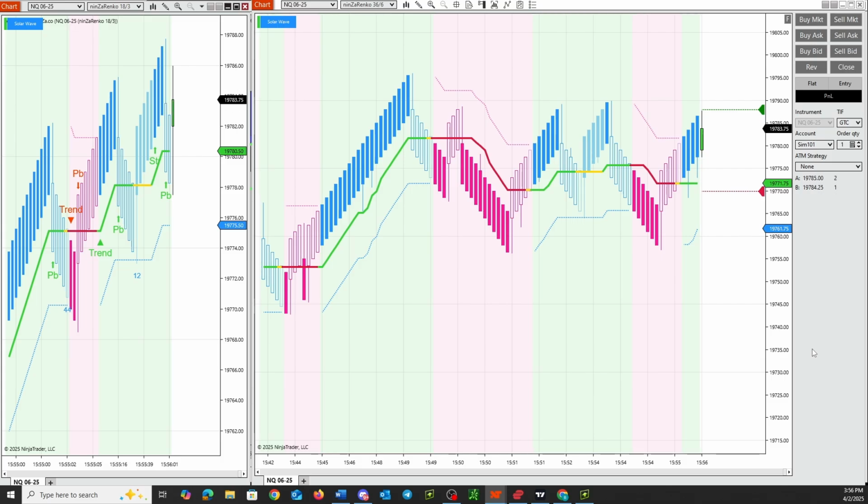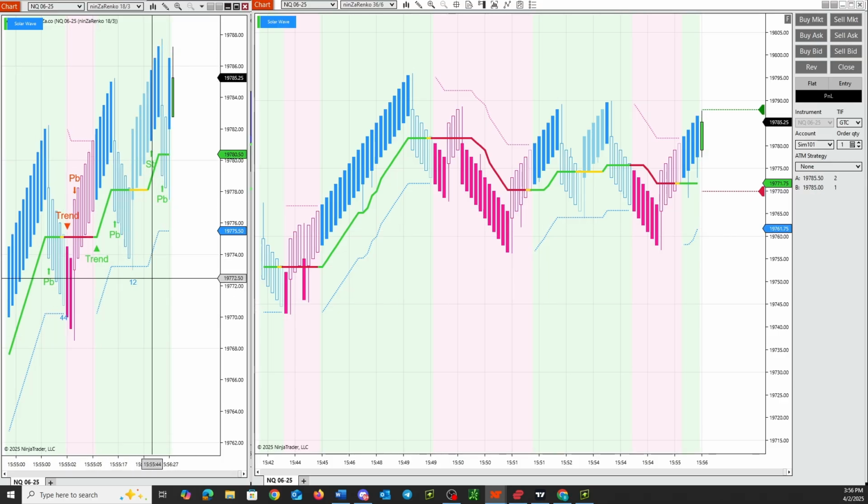I'm not paying attention to this chart over here until this one gets into a setup mode. All this over here on the left is just a bunch of noise. So you don't really want to look at that.